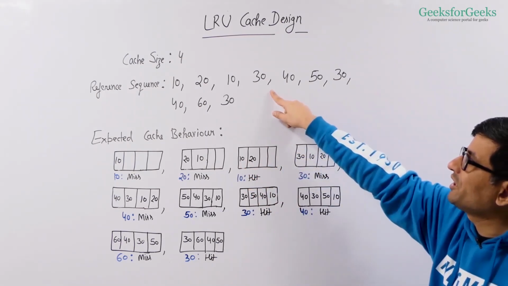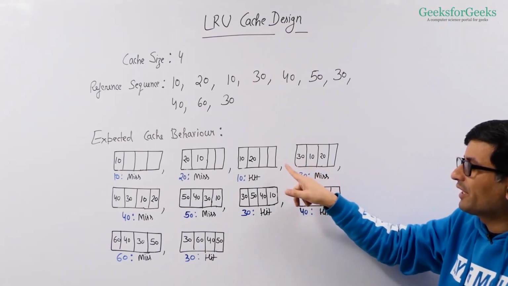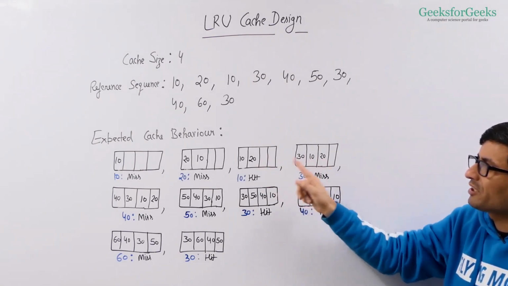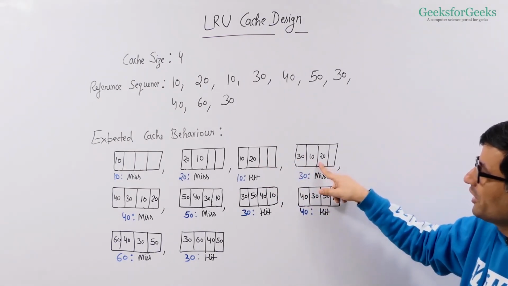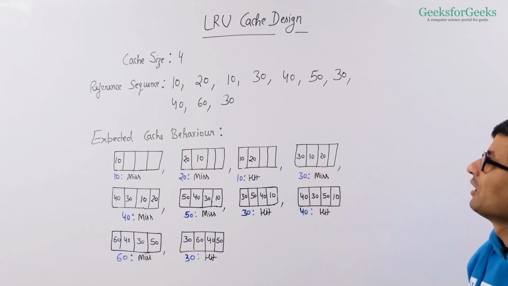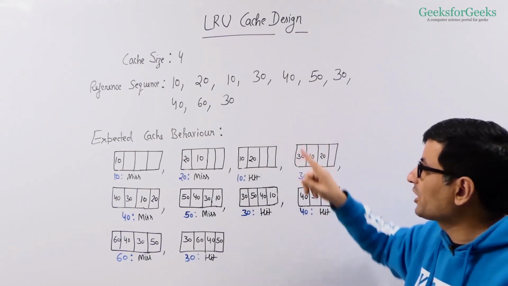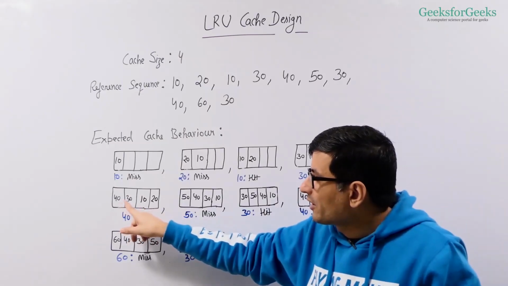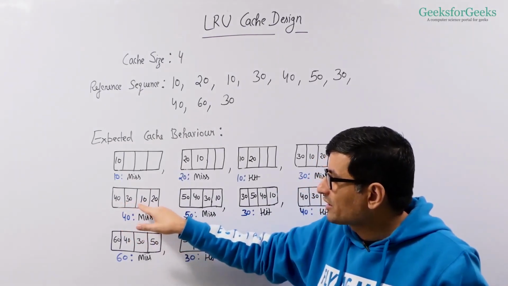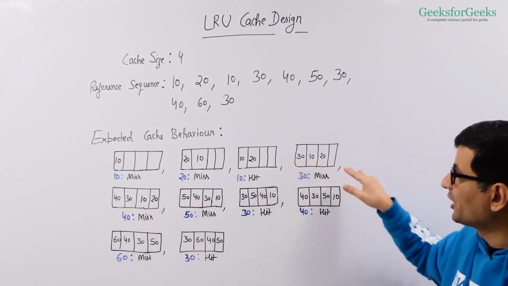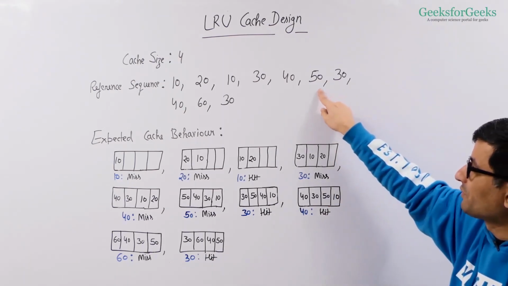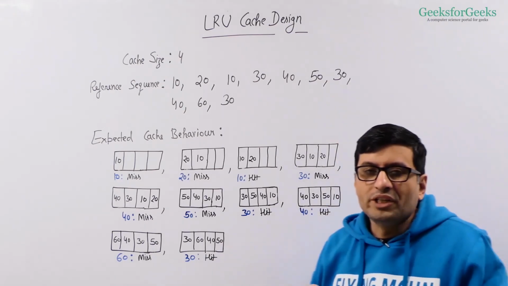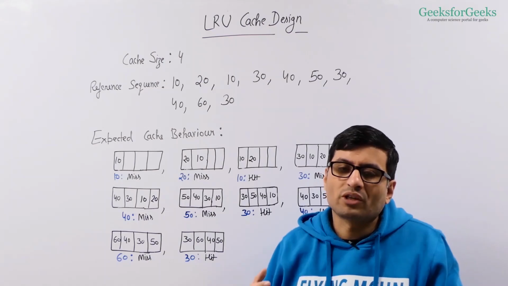Now when we access 30, 30 comes to the front and these two items go to the back in the same order. 20 is the least recently used item here. Now when we access next item 40, 40 comes to the front and these items go to the back side in the same order, right? 30, 10, 20.